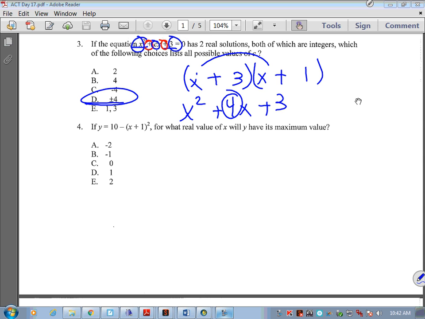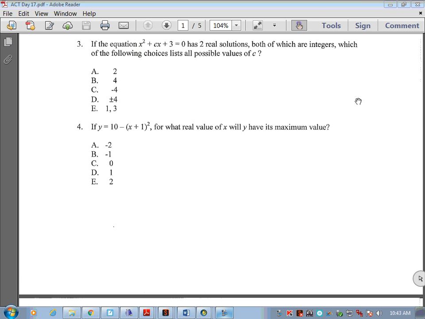And yes, you could plug this into your quadratic formula, where we've got 1 here, and that's going to give me -4 plus or minus the square root of 4 squared, and so forth. But that's how I'm getting that -4. All right, anybody need 4? You needed 4? Okay, hopefully I can do this.